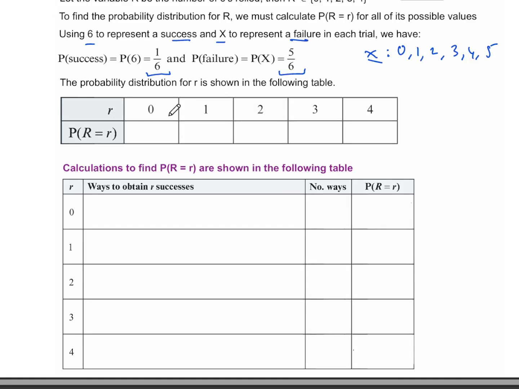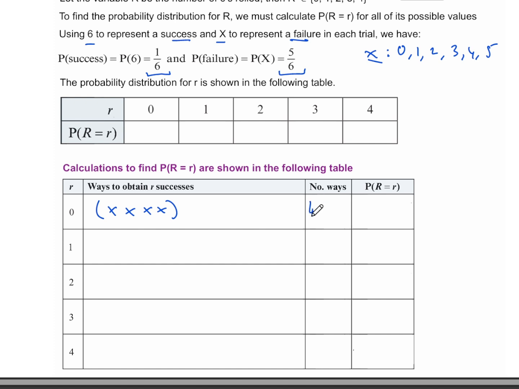Now let's fill out the probability distribution table here for the random variable r. We chose the number of 6s that we roll, the number of successes that we have. So if you want 0 successes out of the 4 trials, we want a non-6 in the first one, a non-6 in the second one, a non-6 in the third one, and a non-6 in the fourth one. And the number of ways that you can have 0 successes is 1, because you just want all of them to be failures.